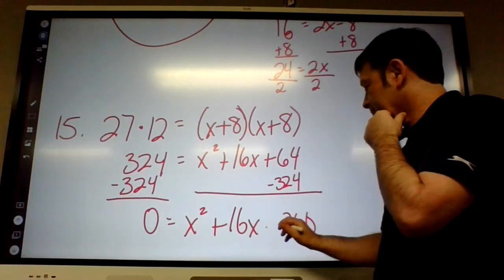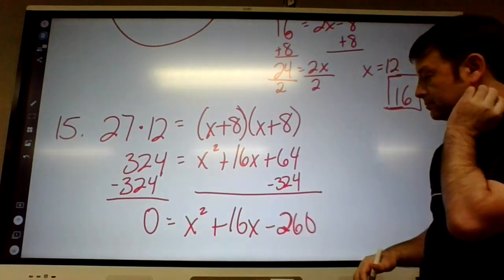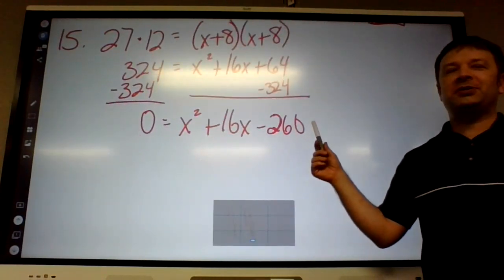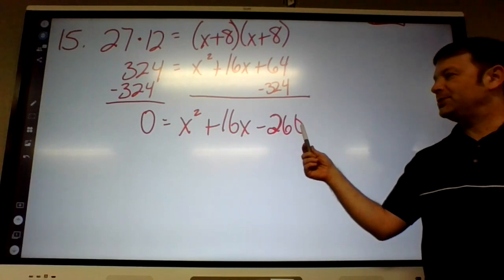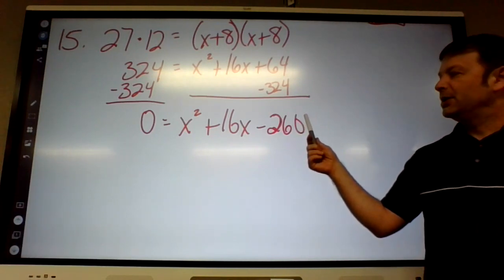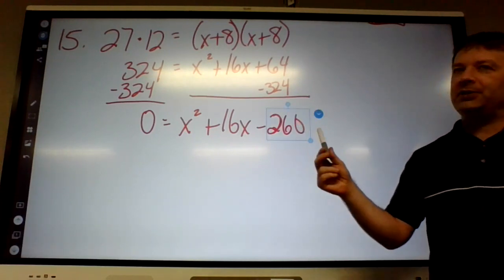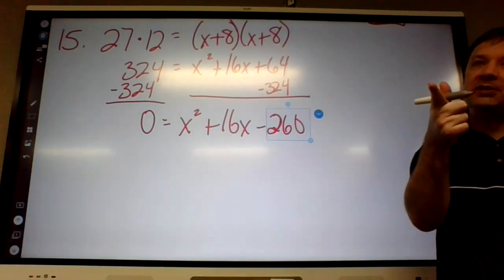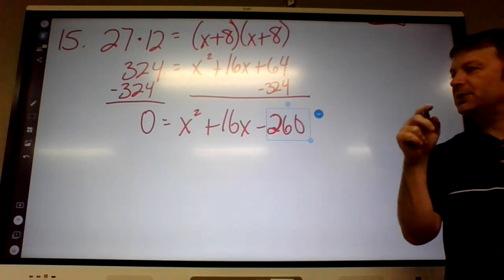260. Okay, this one looks tricky because it's 260. So what could multiply into 260? That is easy. 10 times 26.